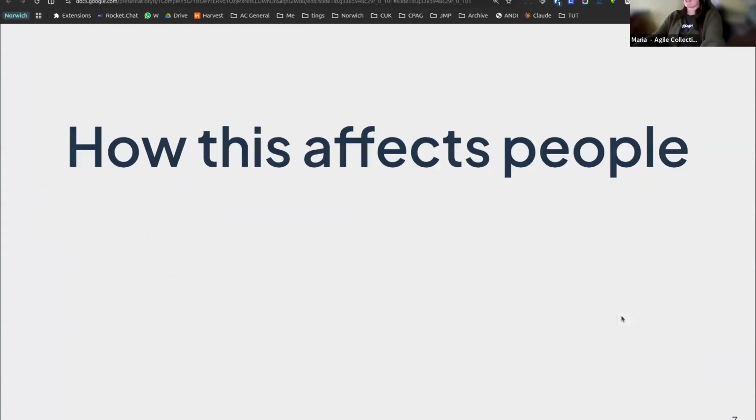Okay, so how does this actually affect people? We all develop strategies to overcome, to work with our strengths and sort of cover over where we might be weaker. But it can have a really huge impact. I'll just throw out some examples just to illustrate it so we can move on.